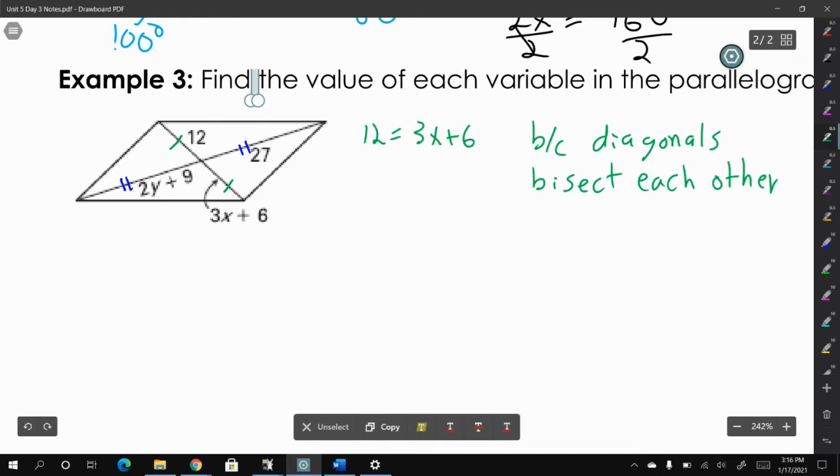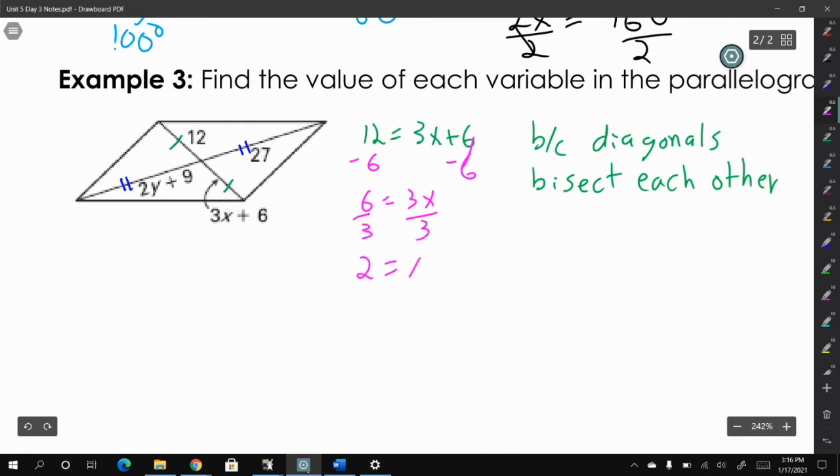So we'll solve that. We'll subtract 6 from both sides. We get 6 equals 3x. Divide both sides by 3. We get x is equal to 2. Then the other diagonal, we're going to do 2y plus 9 equals 27.